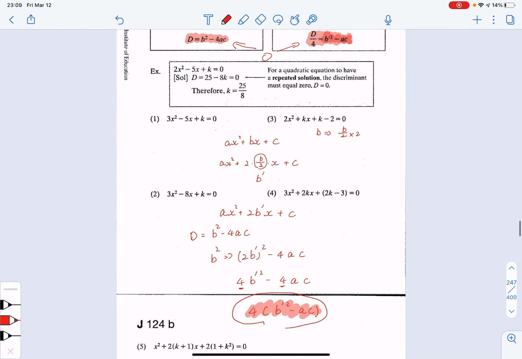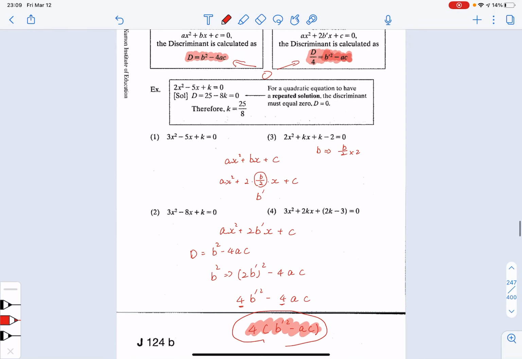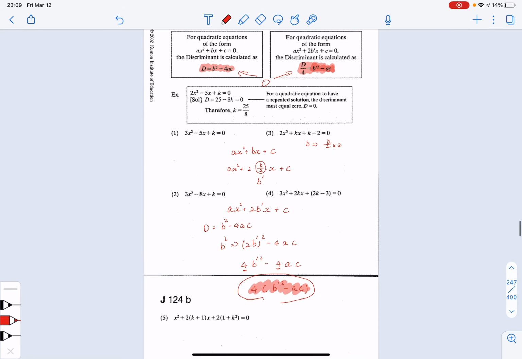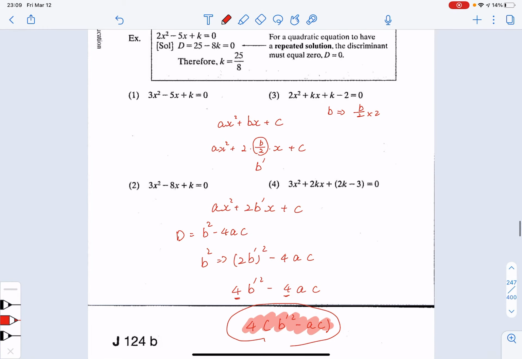It can be negative, it can be 0, it can be positive, but the 4 would not influence the positivity or negativity of whatever is inside. So that's why, if the coefficient b is a number that can be divided by 2 easily, we normally use b prime instead of just b. It's just for the ease of us doing it. Let's try one of the questions here.